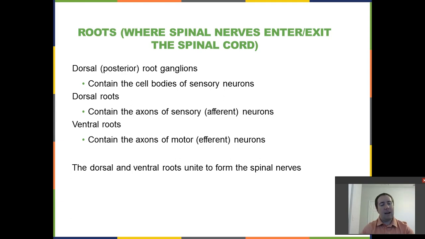Now, on another slide, we had anterior and posterior. Now we're using dorsal and ventral. Do you remember which one is which? I pointed that out on my first bullet point. But the dorsal is the back. Remember, the dorsal fin on a fish or a whale or a dolphin is on their back. And so ventral is on the front.